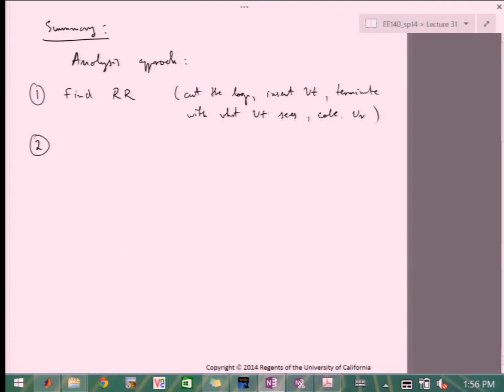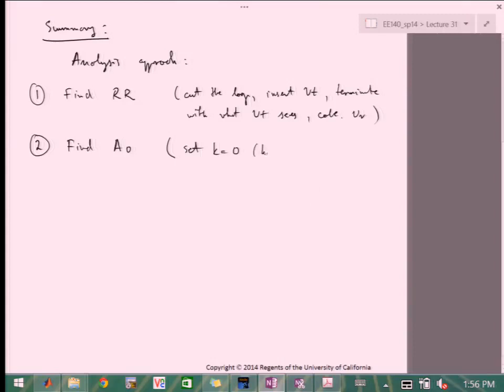Two is we have to find A0. And finding A0 means set K to 0. Whatever K is, right? K could be GM, could be A, whatever we have in our loop that is a coefficient that controls the dependent source.